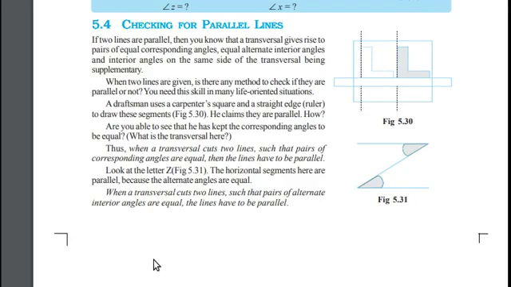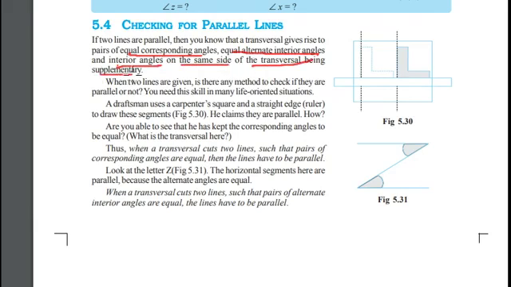Now let us see how do we check whether the lines are parallel or not. If two lines are parallel, then we know that the transversal gives rise to pairs of equal corresponding angles, equal alternate interior angles, and interior angles on the same side of the transversal being supplementary.